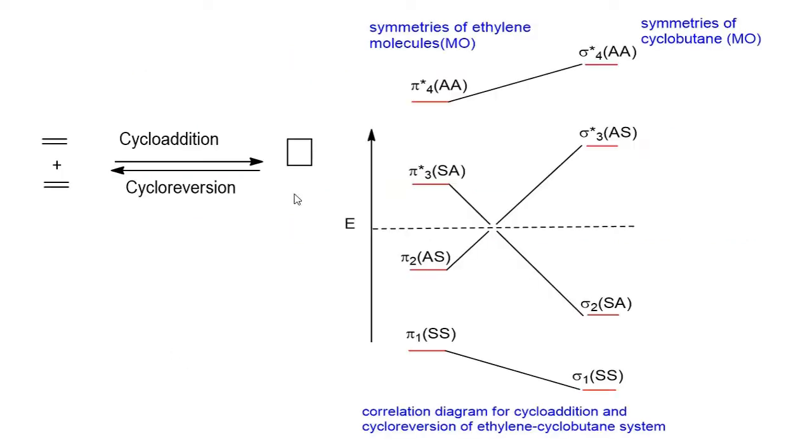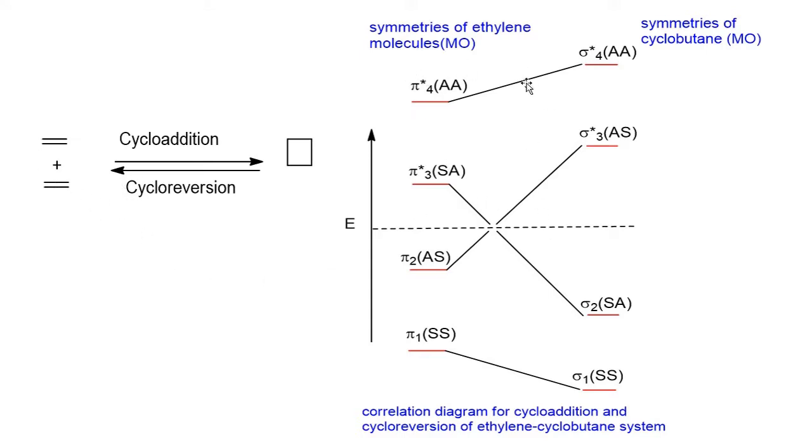It is the correlation diagram for interconversion of the two ethylene system to cyclobutane. The forward reaction is cycloaddition reaction, while the backward reaction, the ring opening, is cycloreversion reaction. Ring closure is cycloaddition and ring reopening is cycloreversion reaction.